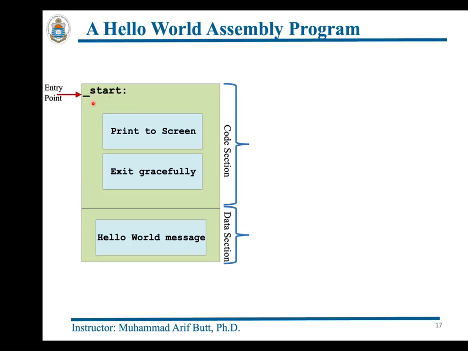Every assembly program source file will have a code section and an optional data section as well. In our first Hello World assembly program, this data section will contain a Hello World message, and this code section will contain assembly instructions to print this message on the screen, and of course some assembly instructions to exit the program gracefully.